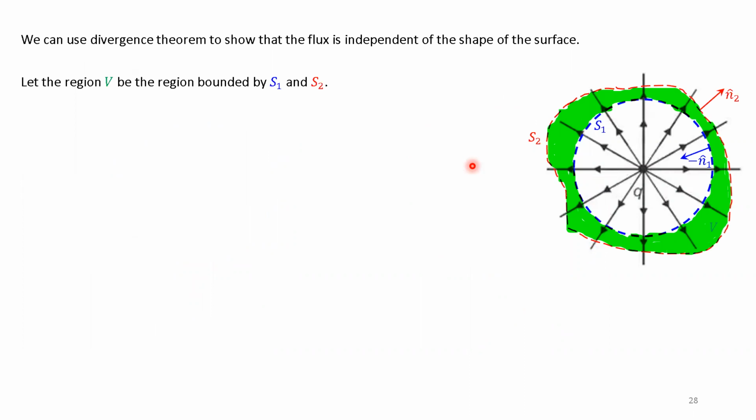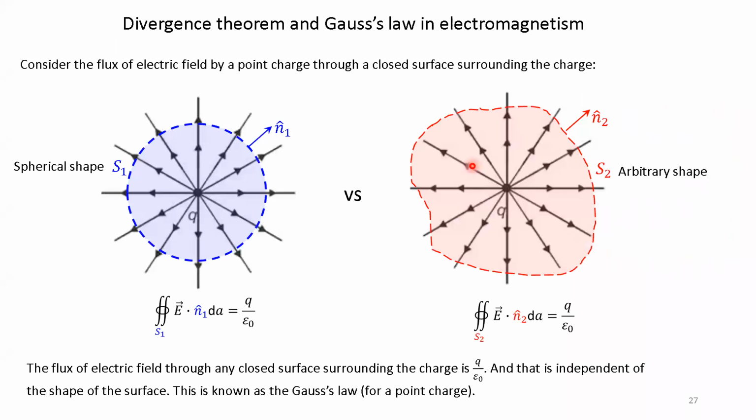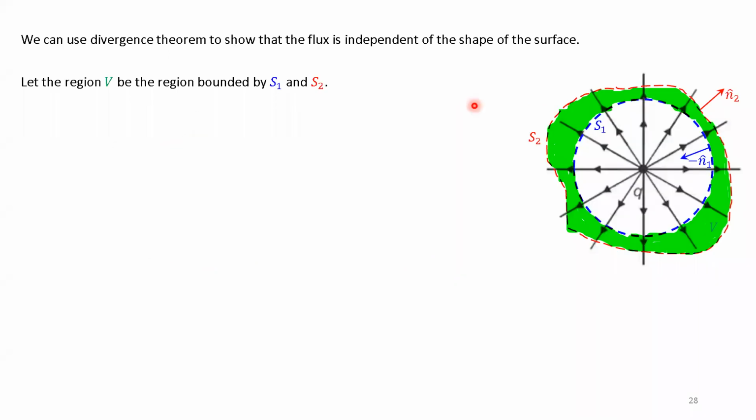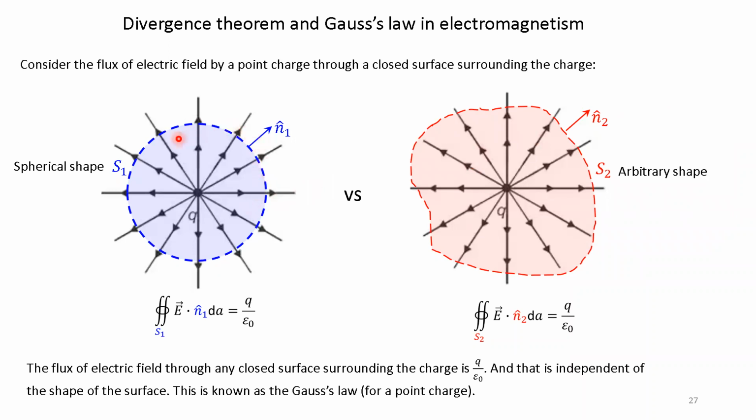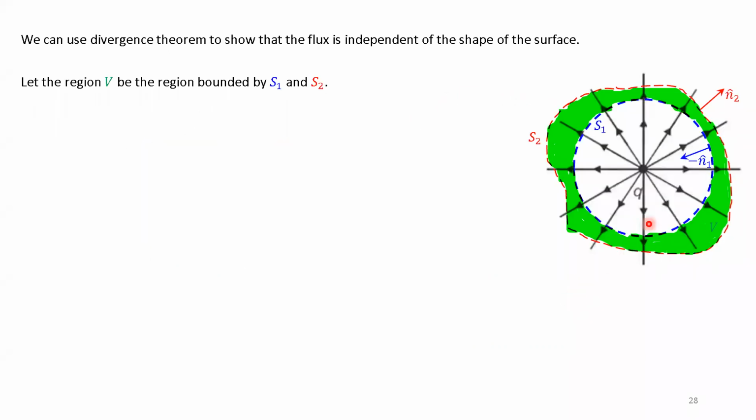So what I'm doing here is that I'm going to overlay both of these surfaces onto the same picture. You can see that I have this blue spherical surface, which is the case on the left, and the arbitrary surface, the red one, which is the case on the right. Then I put these two surfaces together on the same picture.